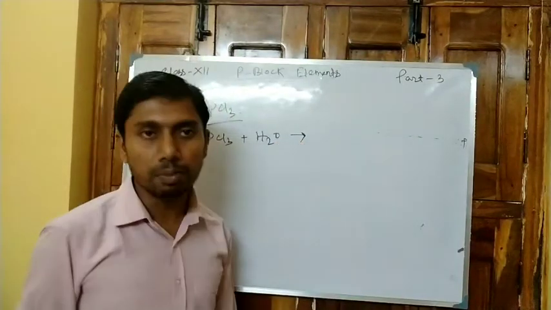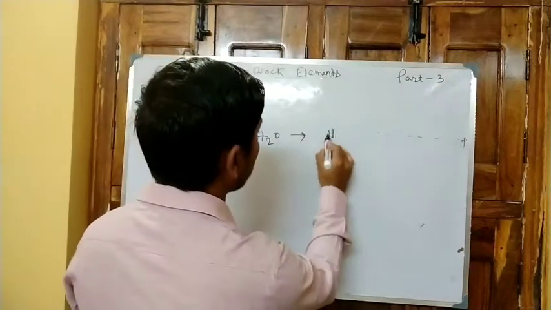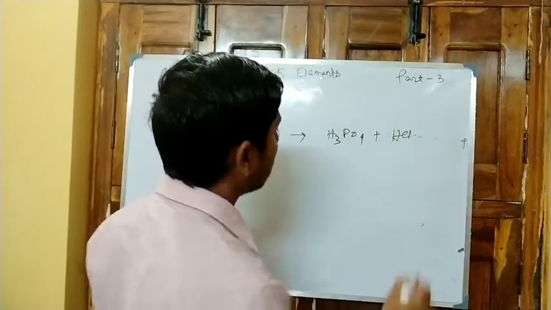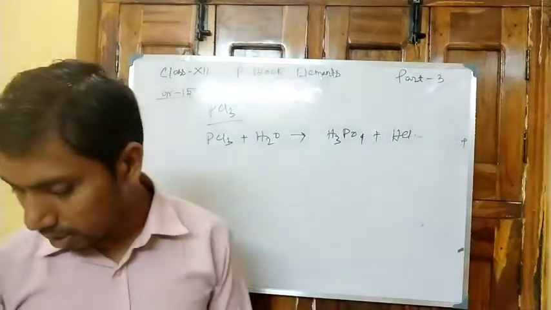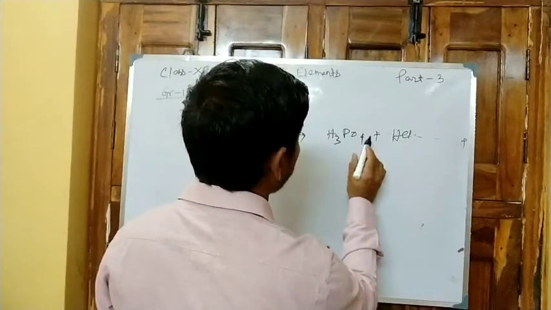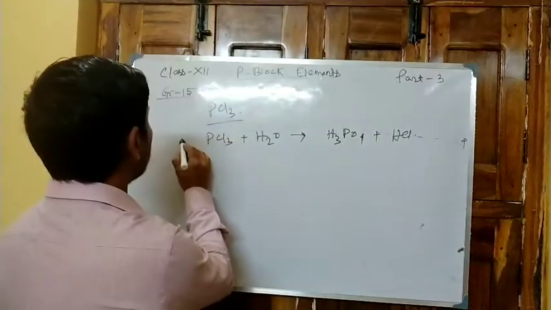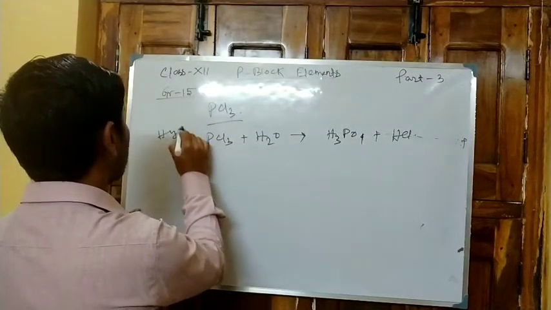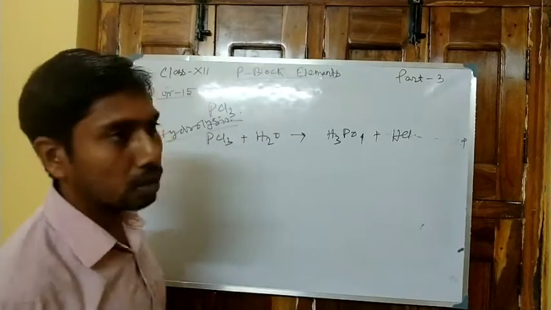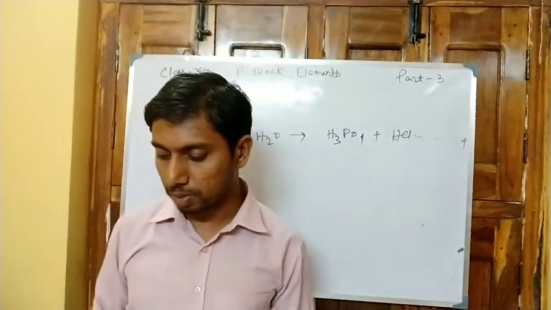Here PCl3 plus H2O producing phosphorus acid, H3PO3, plus HCl. PCl3 plus H2O gives H3PO3 plus HCl. This is the hydrolysis. We have already discussed under the portion of PCl3 or NCl3 in this chapter.